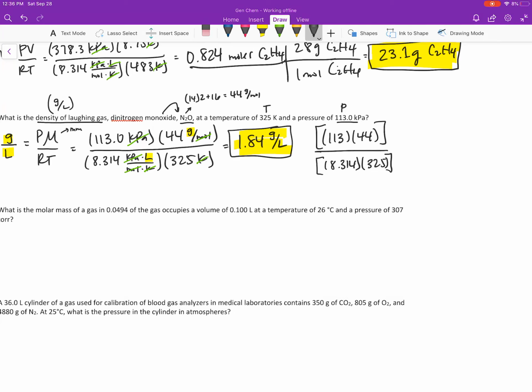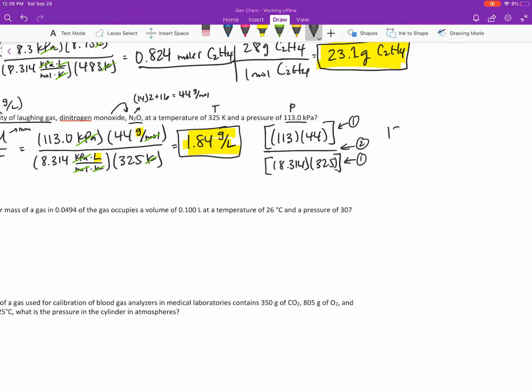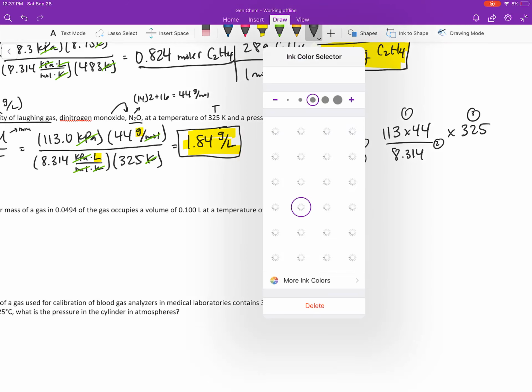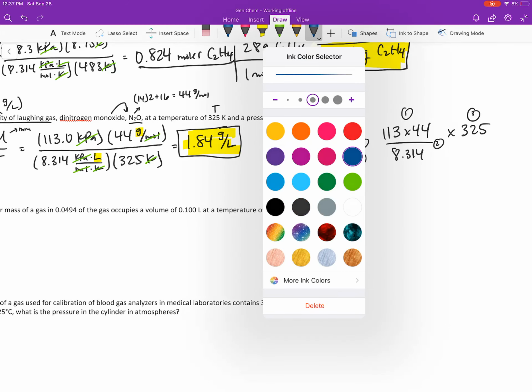If you don't very clearly indicate that these need to be multiplied first before division occurs, what your calculator can sometimes do, and it's a user error, is it breaks up this right here. And instead of multiplying on the bottom, it does this first, then it divides, and then it multiplies by 325. And so it does not take into account the order of operations that you're expecting it to.